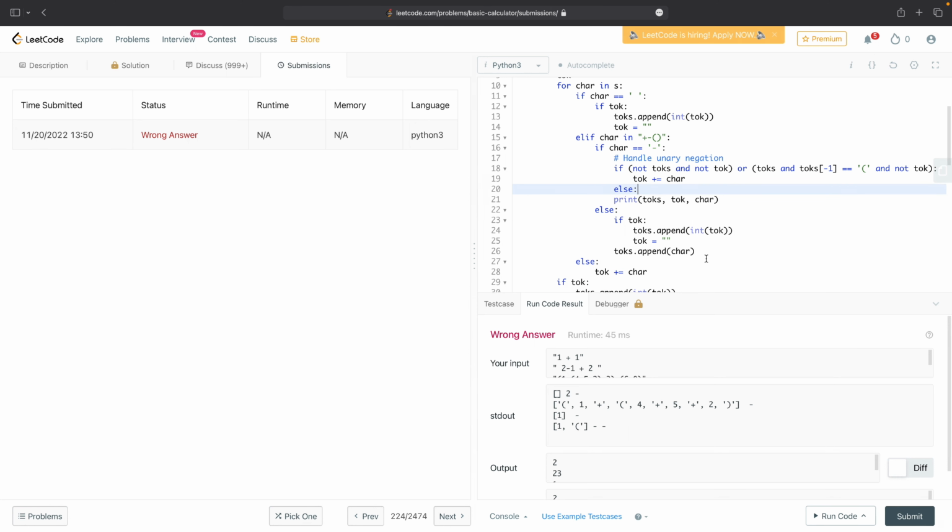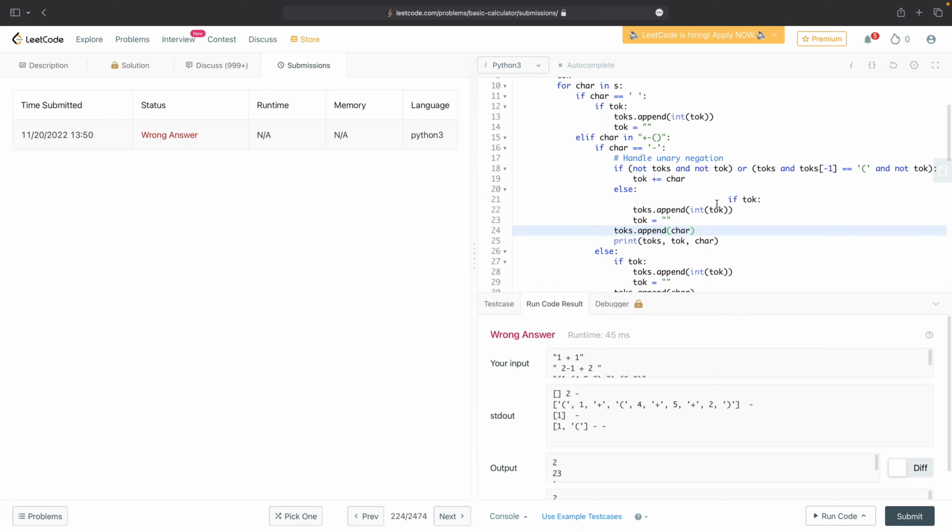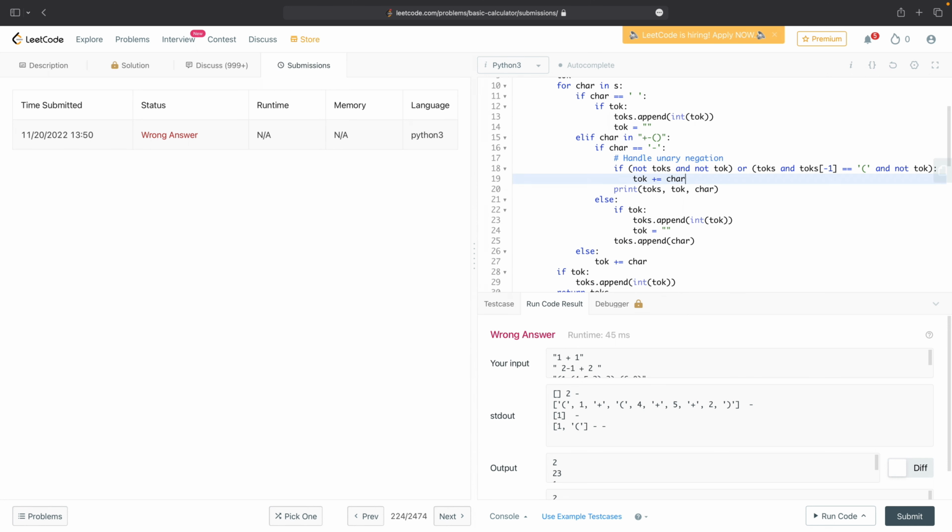I need to redo this logic if I see a negation that doesn't. No, I can handle this better. I can handle this better.